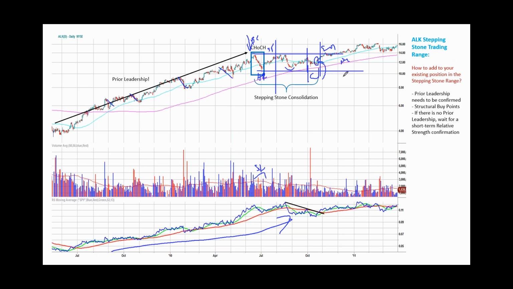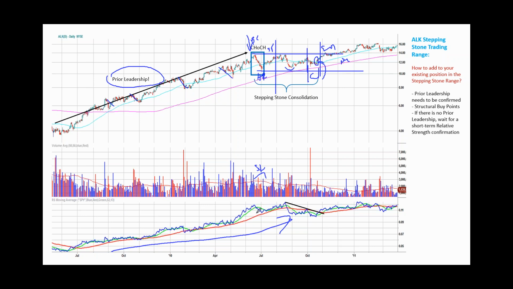Okay, and then one of the things here on the stepping stone is, and again, I'm not going to go into a lot of details. If you want to know those, you can just sign up for the class and we go through this in the class. Whenever we have a prior leadership, our entry points are going to be based more on the structural analysis rather than on the local return of the strength into this picture.